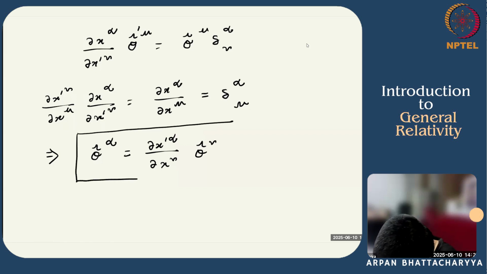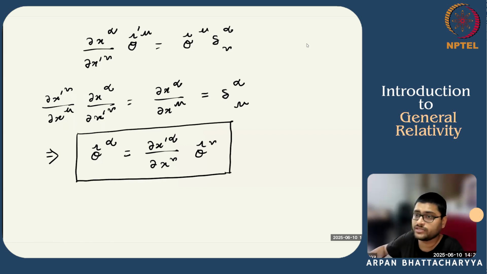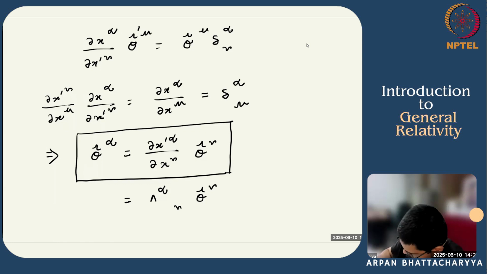So we have derived the transformation property of the basis of these dual vectors, and you can identify easily that it is nothing but eta nu.